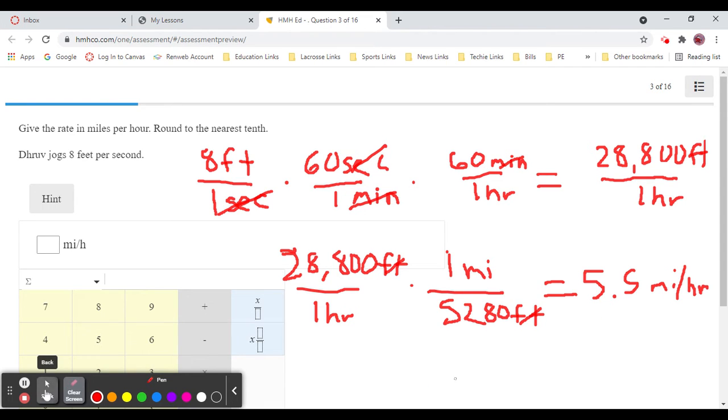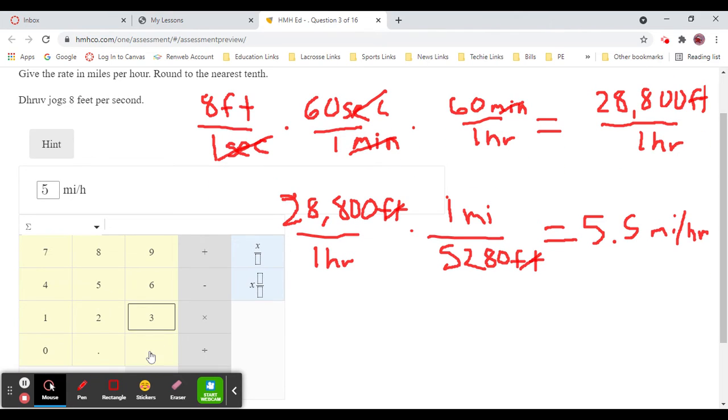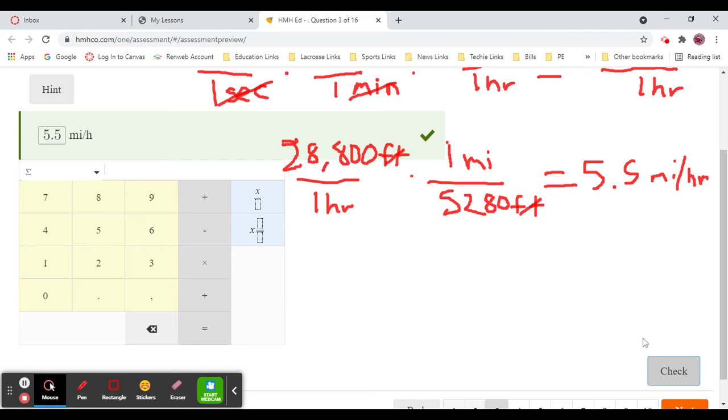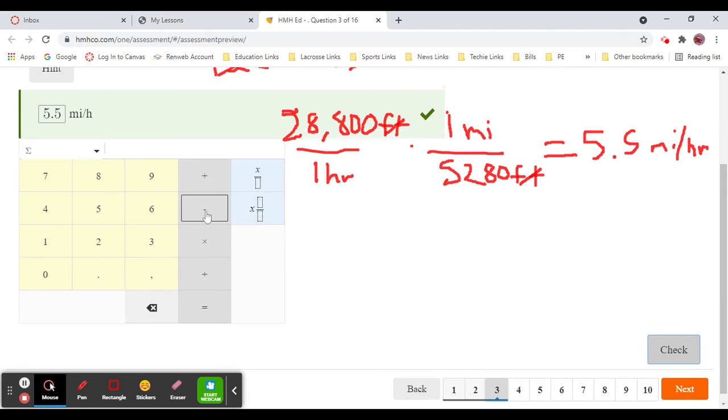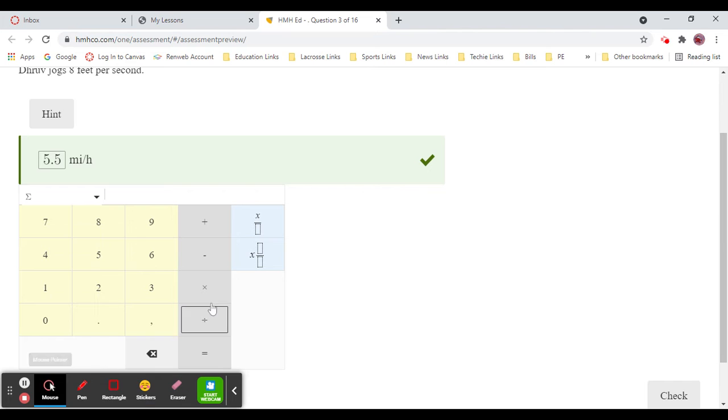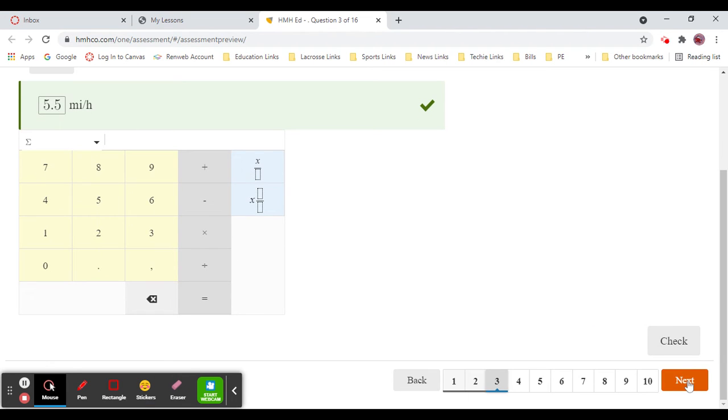So I go back here, 5.5. Check it. Yay. Okay. Hopefully this is helpful. Here we go. I'm going to go back to my pen. I'm going to clear my screen, go back to my arrow, and I'm going to move to the next problem.